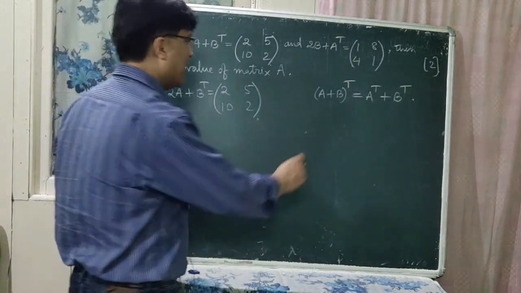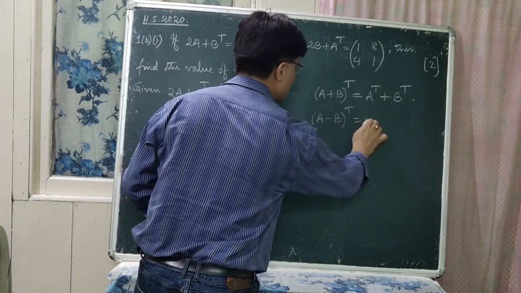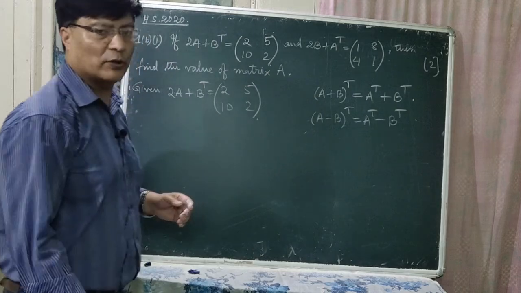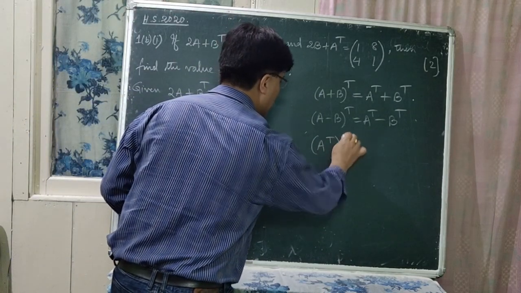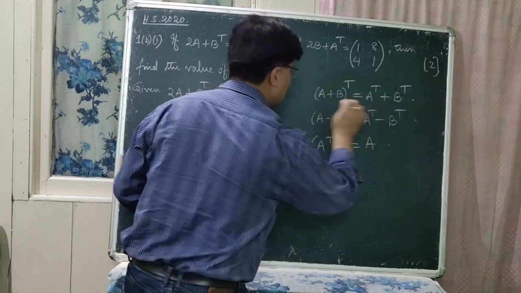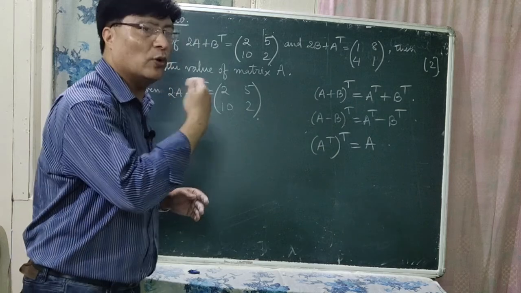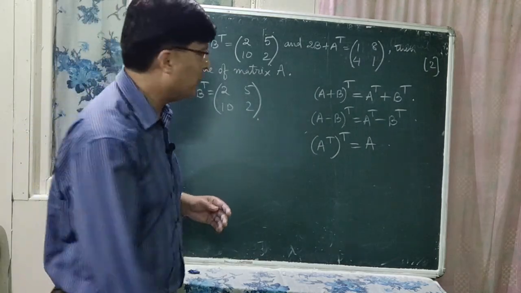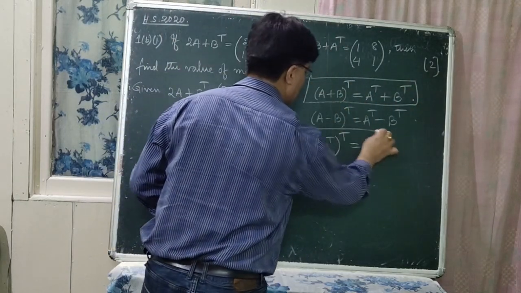And again, you may write this one also. A minus B whole transpose is equal to A transpose minus B transpose. Okay. And the next one is, A transpose whole transpose is the matrix A itself. Okay. So in this case, we should use these 2 properties.